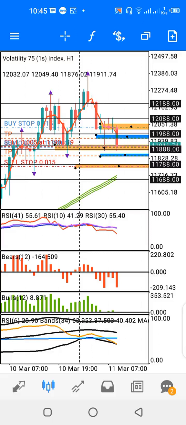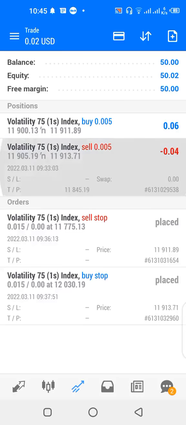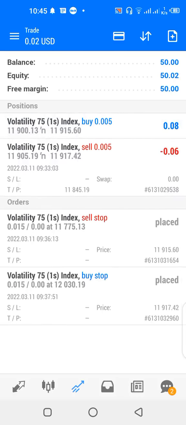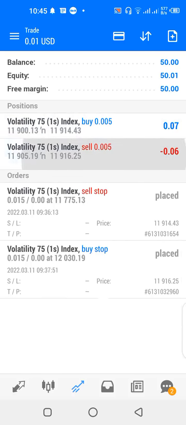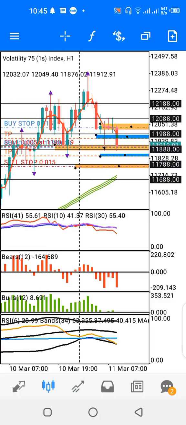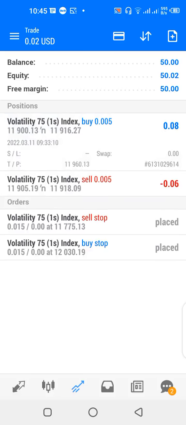because of your equity. Remember, what we are using right now is a $50 account with the lowest lot size, which is 0.005. The maximum lot size that this equity can carry is 0.12. Anything above that may blow the account.